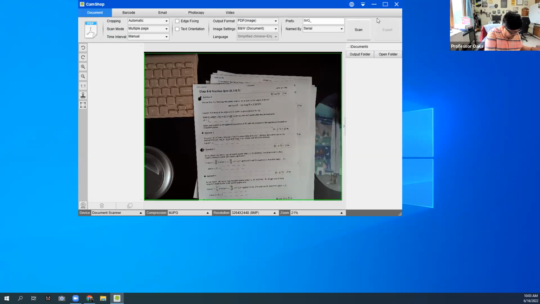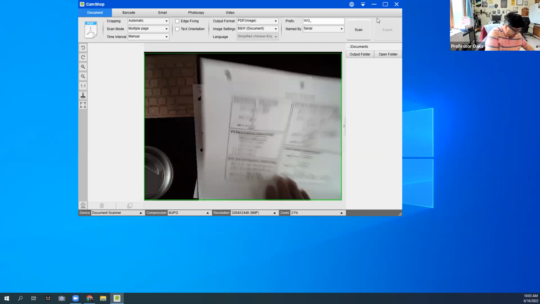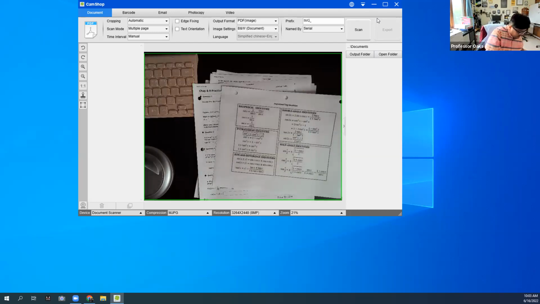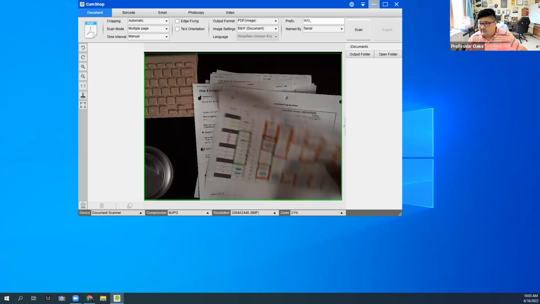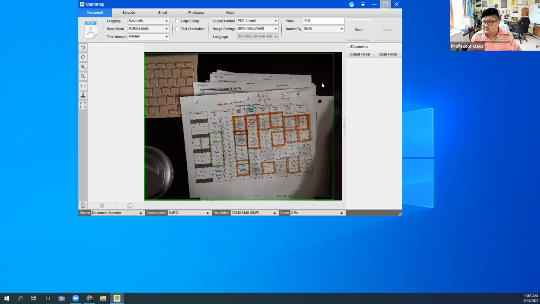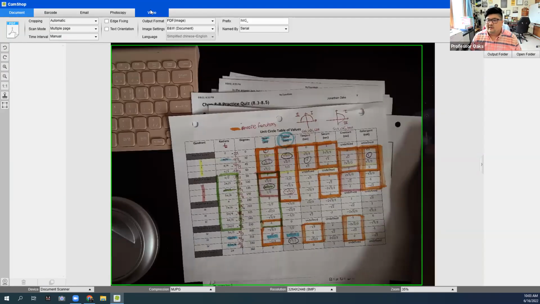Where did I put it? Yeah, so in the Google Drive folder where that table was at, the second page was some of the identities.